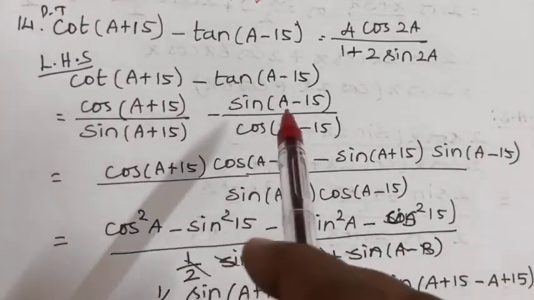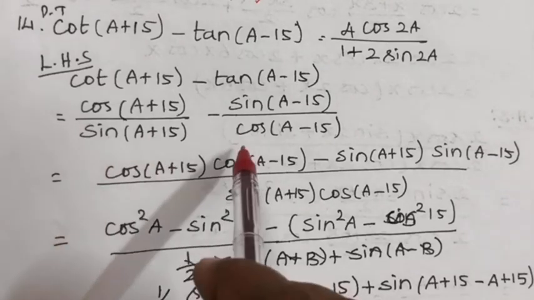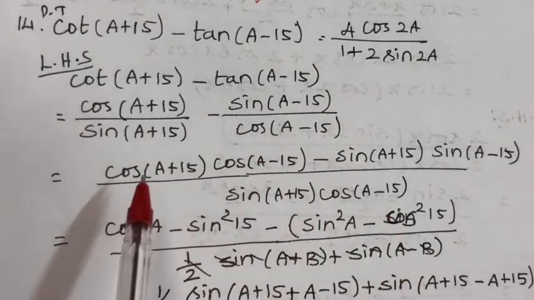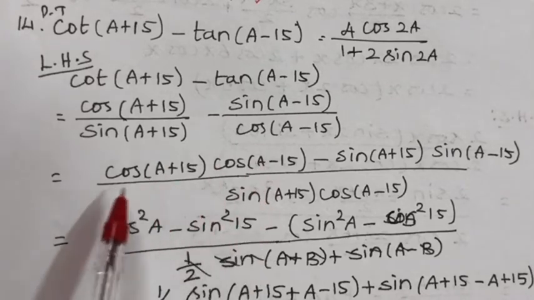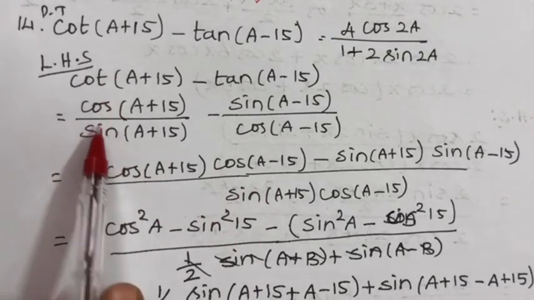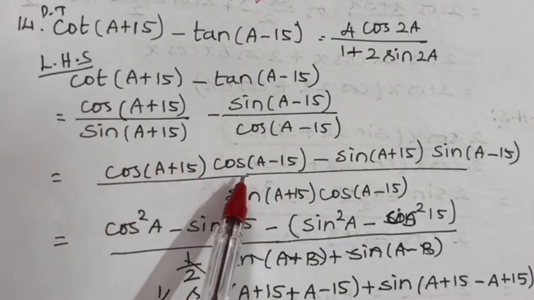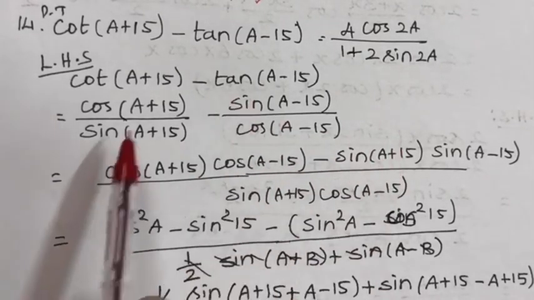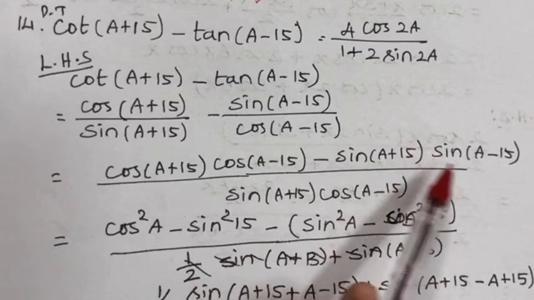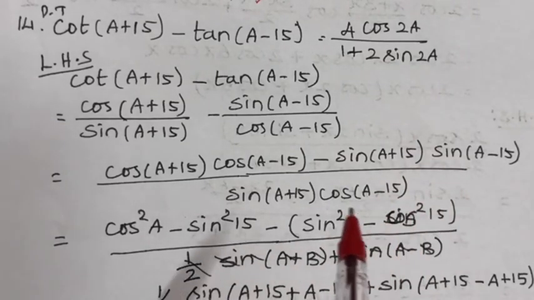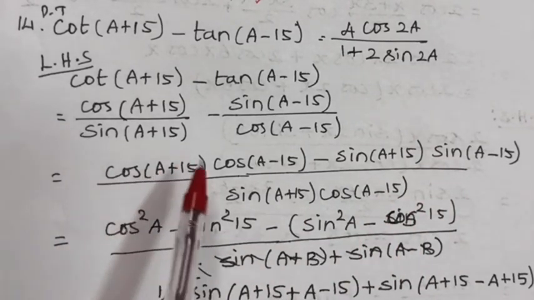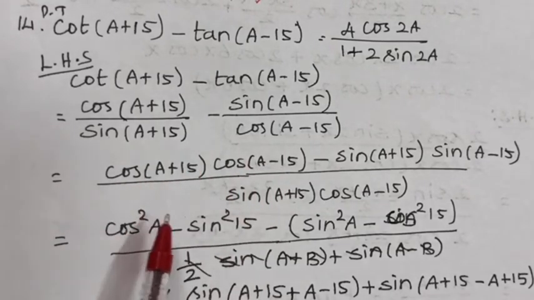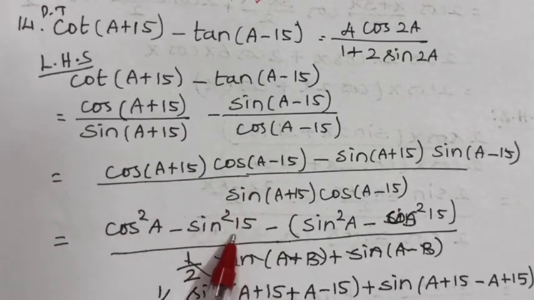Now let's take sin(a plus 15) cos(a minus 15) as LCM, and let's multiply. So the identity here, cos(a plus 15) into cos(a minus 15). Similarly minus sin(a minus 15) into sin(a plus 15) we have in the numerator. Okay, so cos(a plus b) cos(a minus b), that is cos square a minus sin square b.